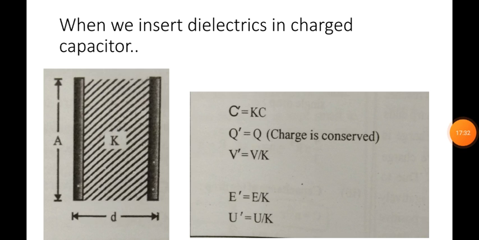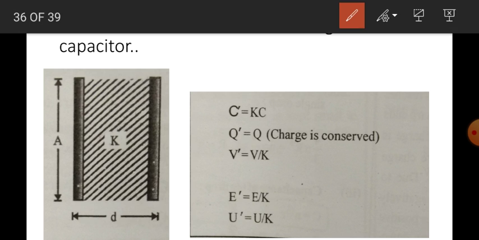There are two situations. In the first one, we charge a capacitor through a battery, then we disconnect the battery and insert a dielectric material inside. In that case, my capacitance will increase K times the original one. Charges will remain the same.